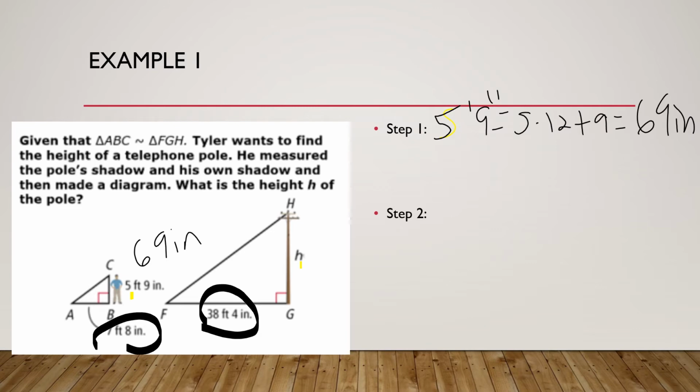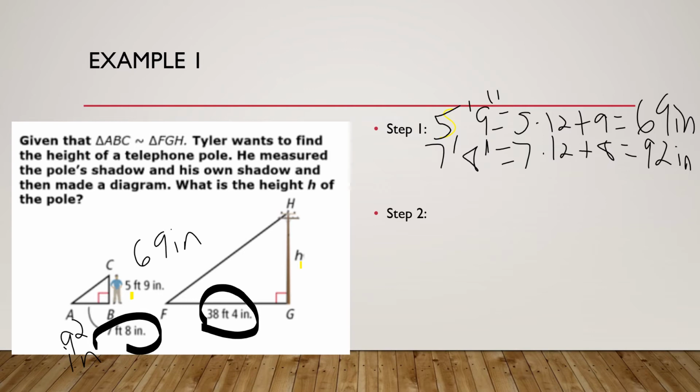If we take the length of his shadow, which was 7 feet 8 inches, we could think of that as 7 feet times 12 inches in a foot plus 8 extra inches, and that will give us a total of 92 inches. So we can think of this shadow as 92 inches.